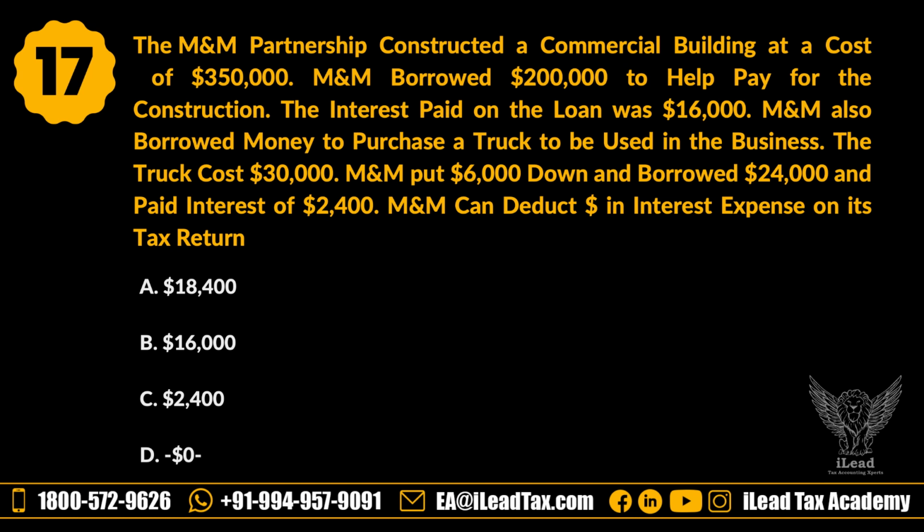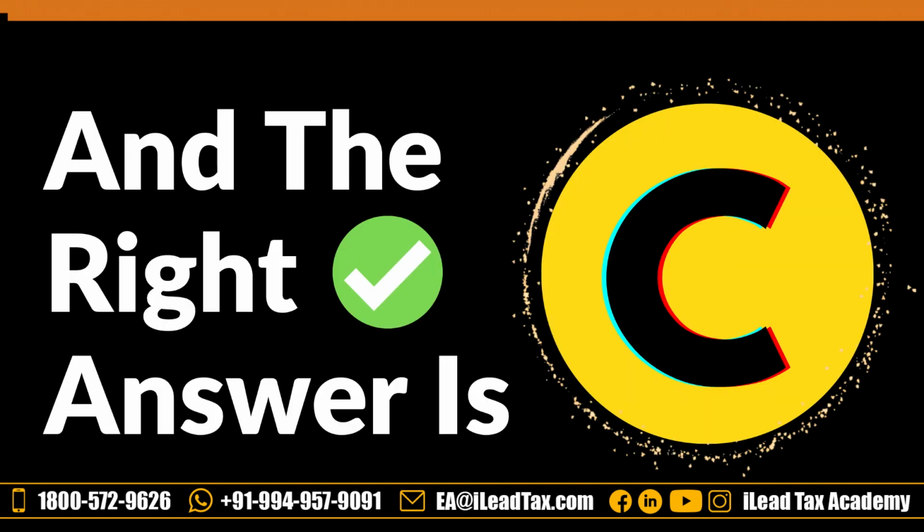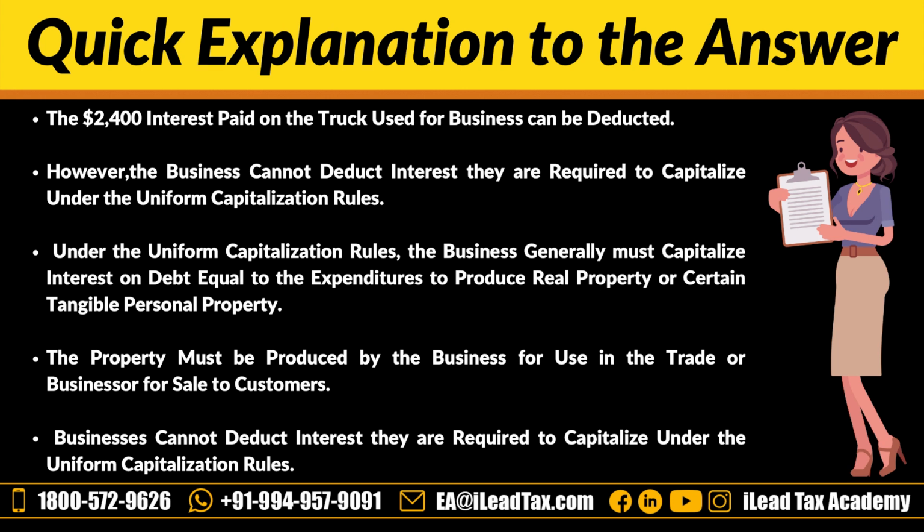And the other one, which is interest paid on the truck loan, is 2,400. So this we need to deduct as interest expense, and the remaining 16,000 needs to be capitalized under the uniform capitalization rule. Let's go to the next question.